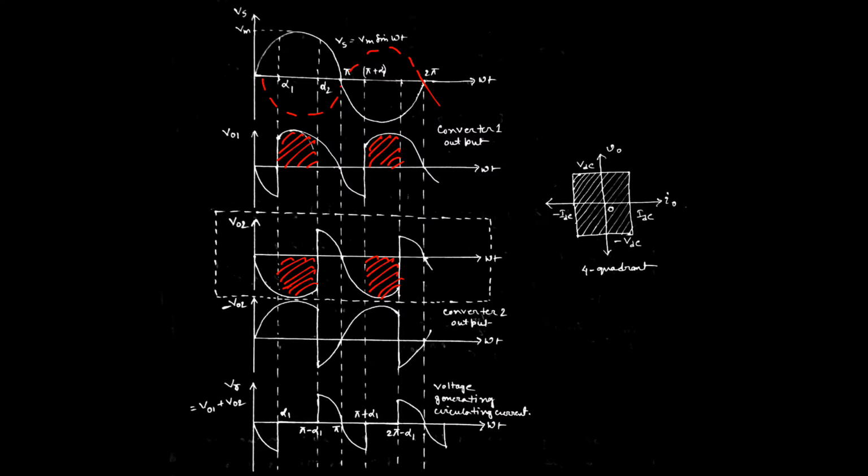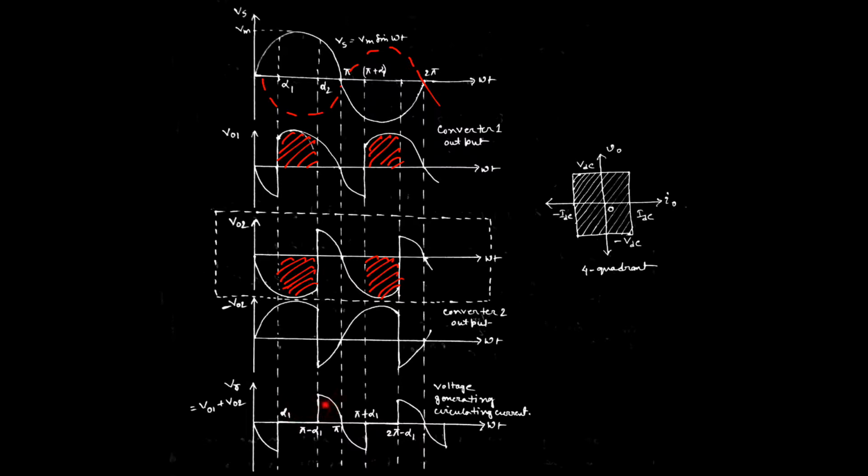Now, the actual instantaneous voltage waveform is defined by this waveform, VR equal to VO1 plus VO2, in which one peak has arisen from 0 to alpha 1, but from alpha 1 to pi minus alpha 1 there is no peak. That means in this particular case, converters 1 and 2 are both the same in magnitude and opposite in direction.